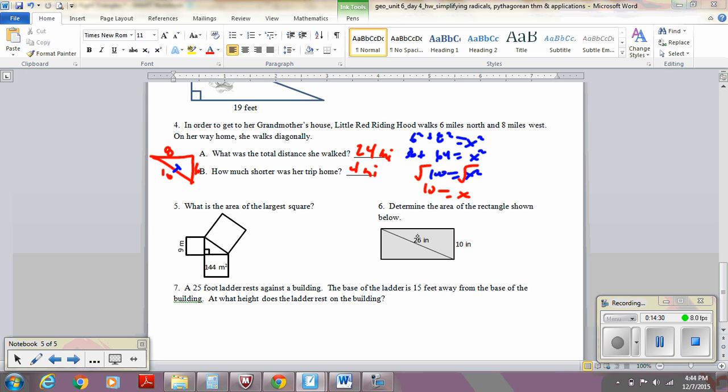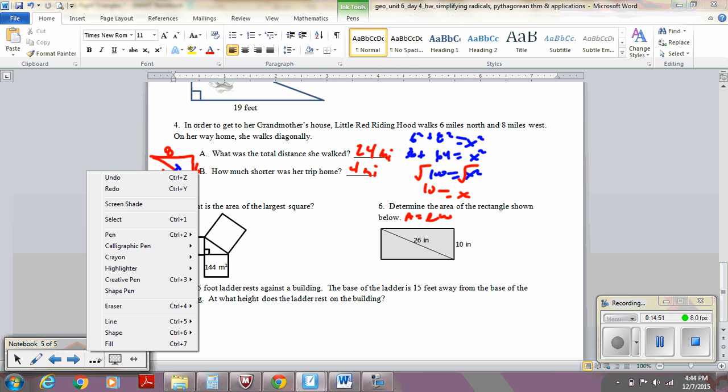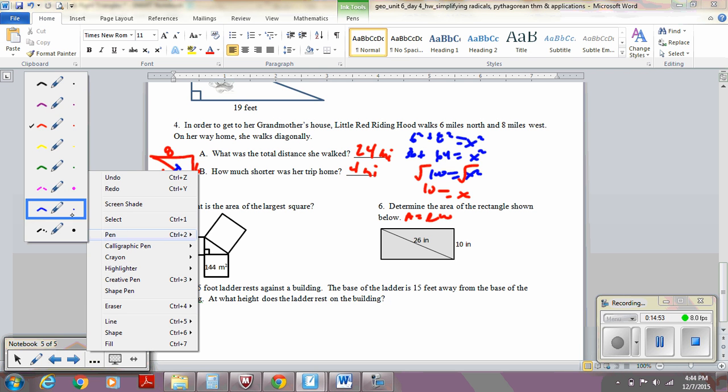Okay. On number 6, it wants us to determine the area of the rectangle shown below. The area of a rectangle formula is equal to length times width. So I'm missing the length of the rectangle. So in other words, I'm missing one of the legs of the right triangle.